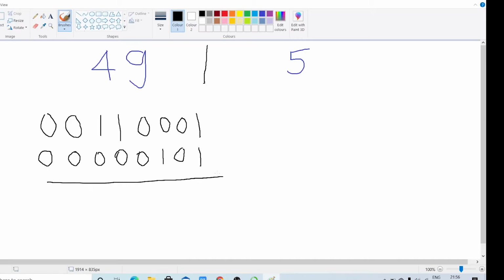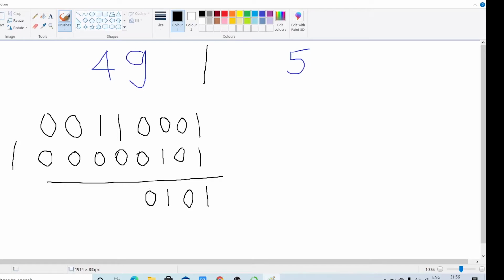When we find the OR of these two integers, when both the inputs are 1, it would be 1. Here both are 0, so it is 0. Here if any one of the values is 1, then we will get 1.